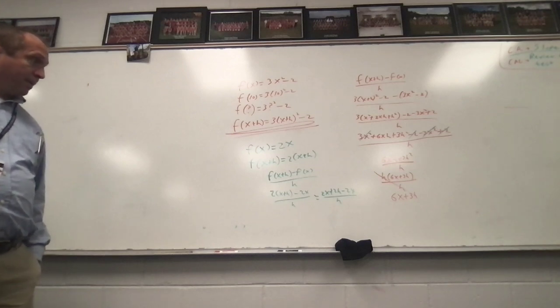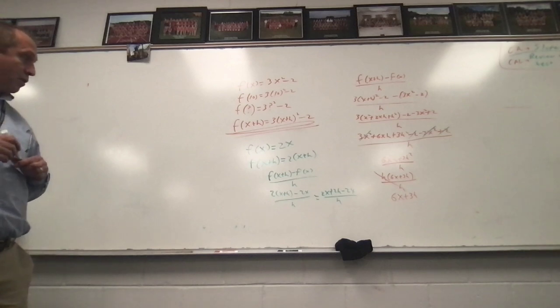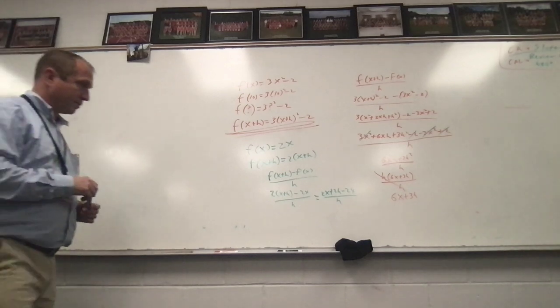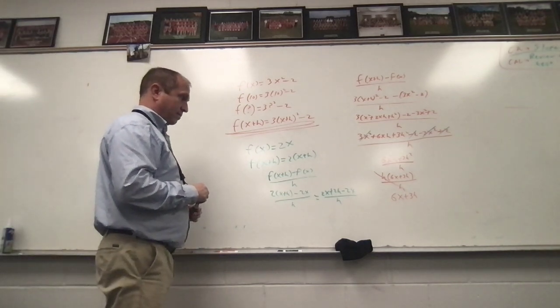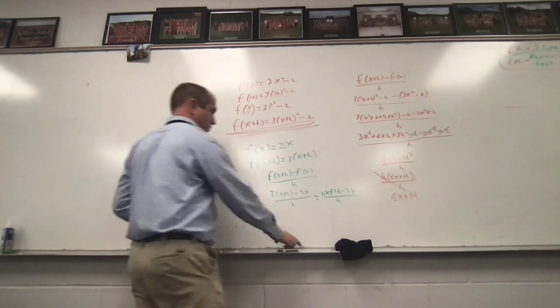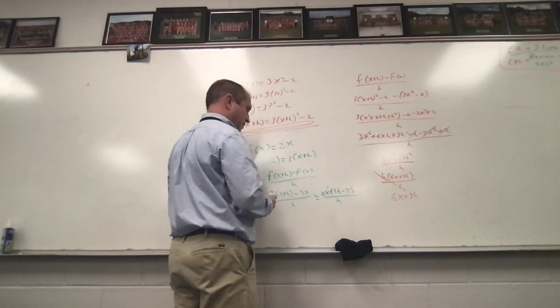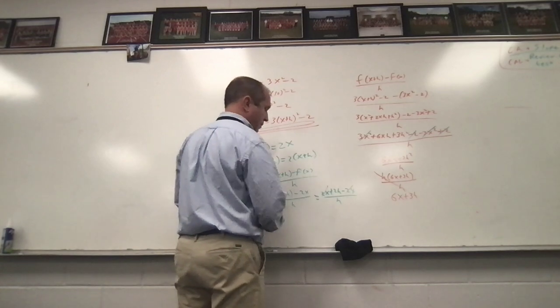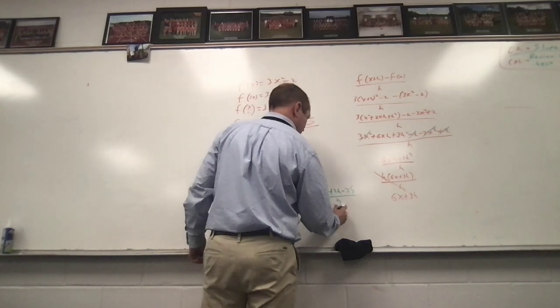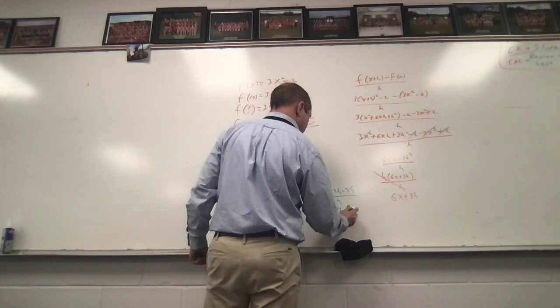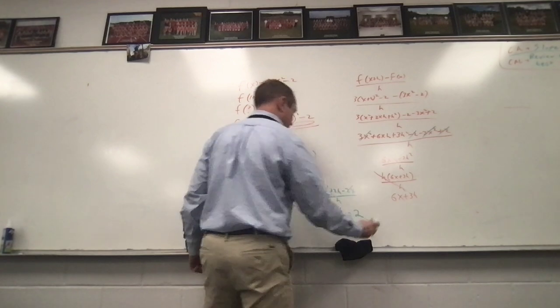So at this step right here, if it doesn't have an h in it, it should go away, and does it? Yeah, you got your 2x and your negative 2x. So you're left with 2h over h, which is 2.